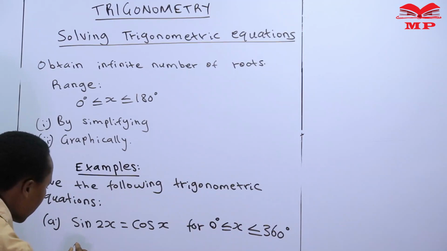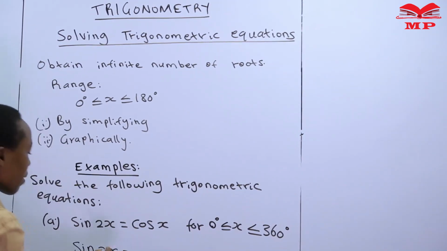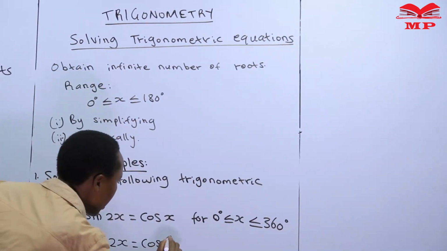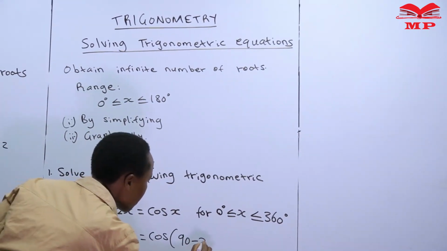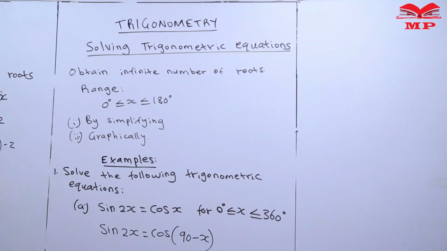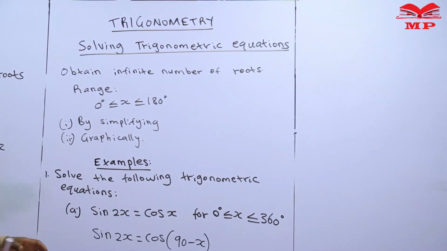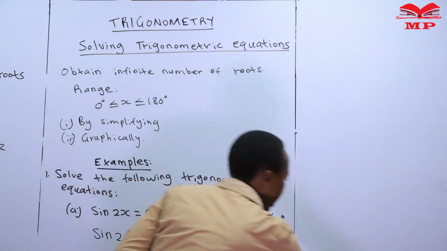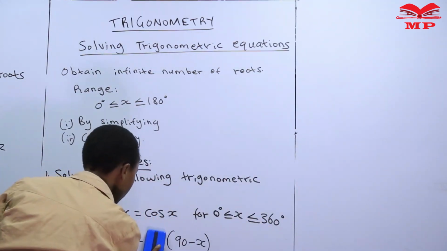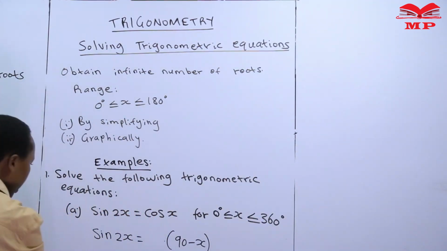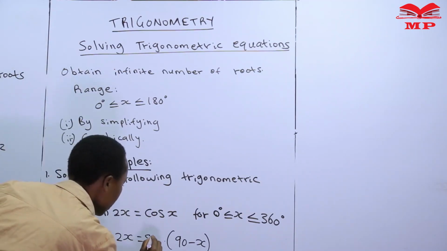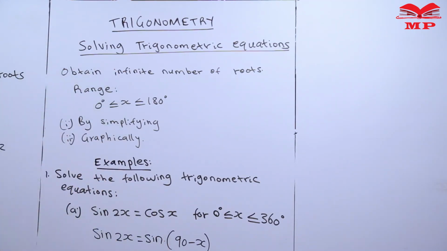So in this case, we can say that cos x is the same as sin 90 degrees minus x. We still have sine here. That is, sine 2x is equal to sine 90 minus x. That is from our previous knowledge.